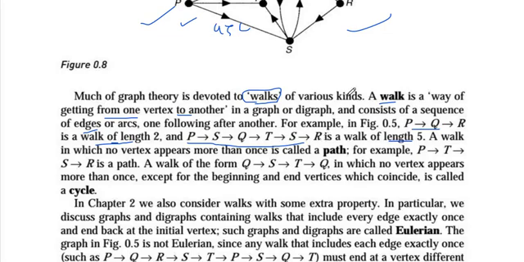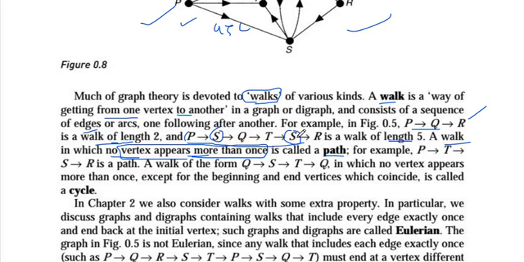Now again, this is the walk definition. Now again some definition: a walk in which no vertex appears more than once is called a path. Vertices appear only one time. Here PQR is called a path, but here you see that vertex S appears two times, so we do not call this a path.